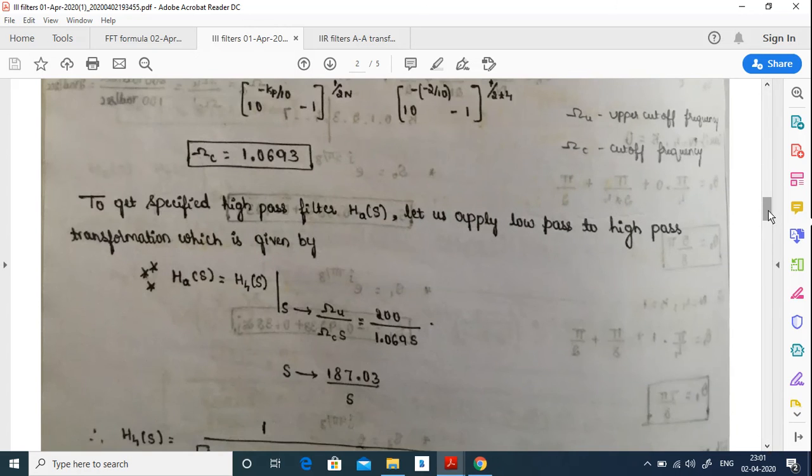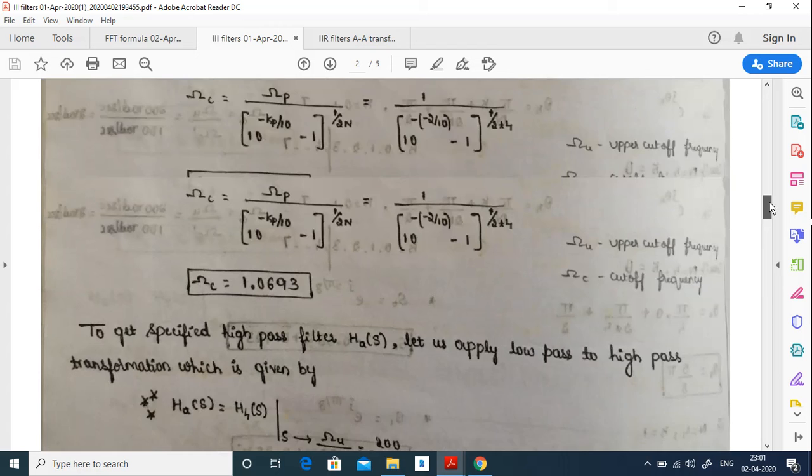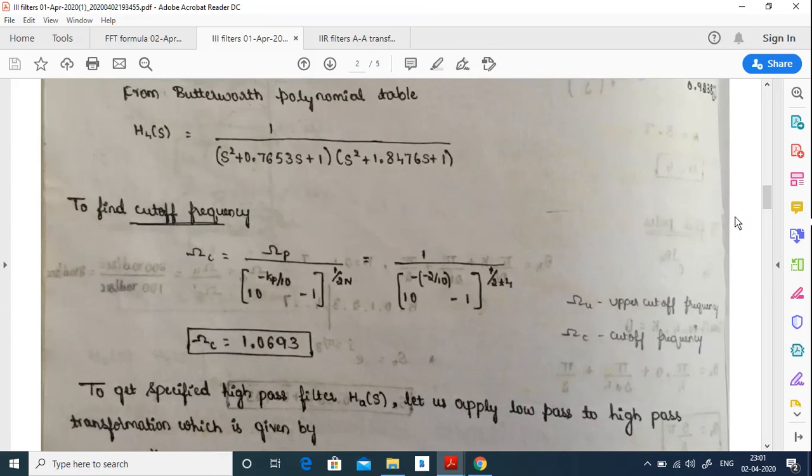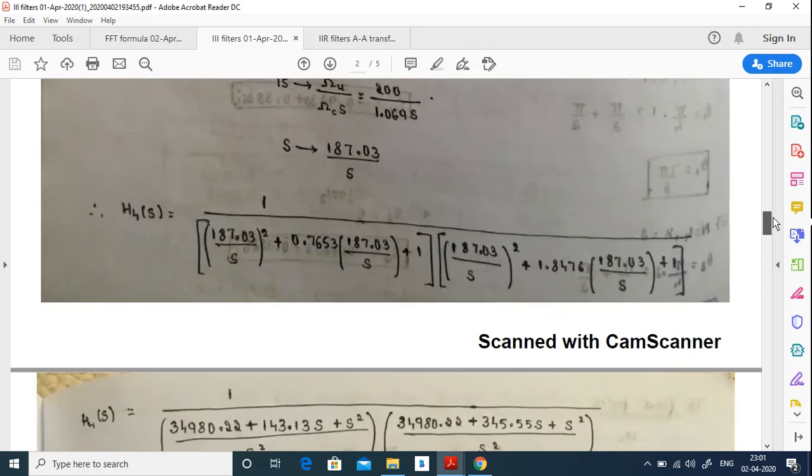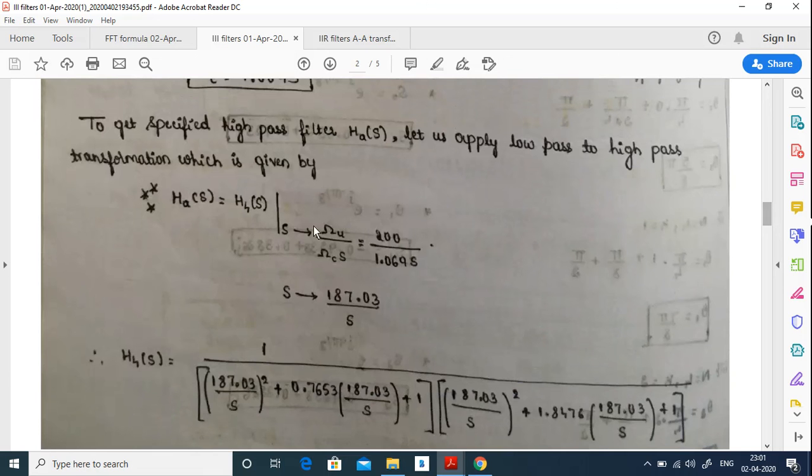And the transformation that is needed here is that HA of S can be obtained by replacing S in H4 of S. This is H4 of S. That is, wherever you find S in H4 of S, replace S by omega u by omega c into S. What is omega u? Upper cutoff frequency.